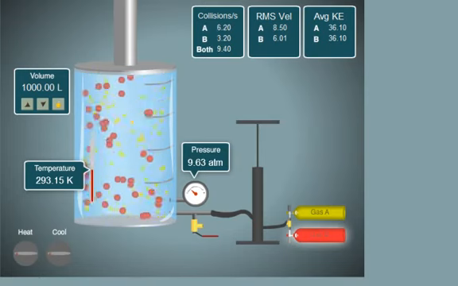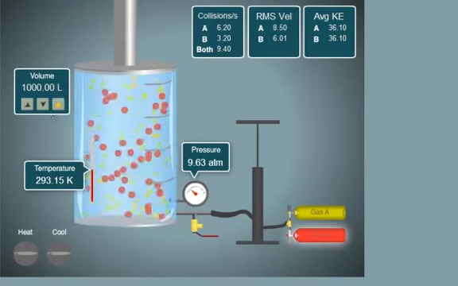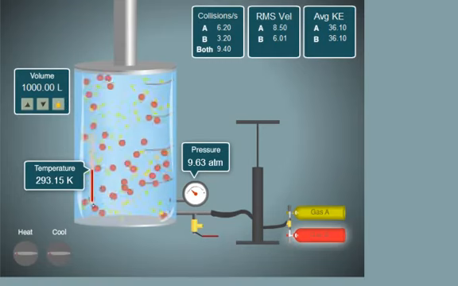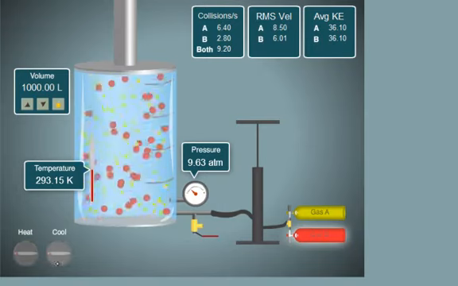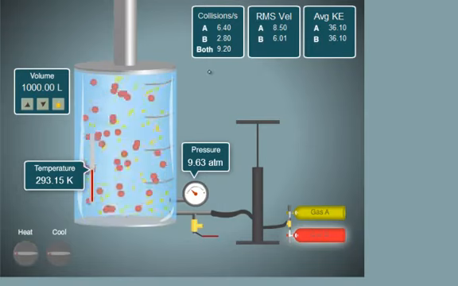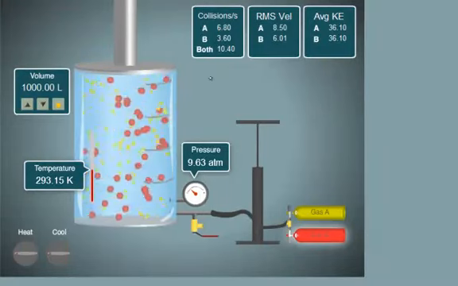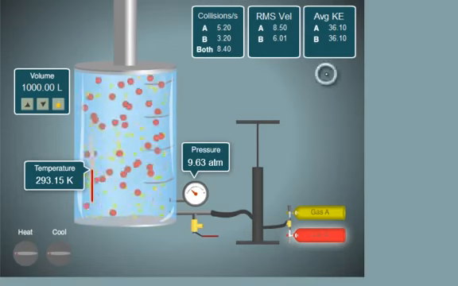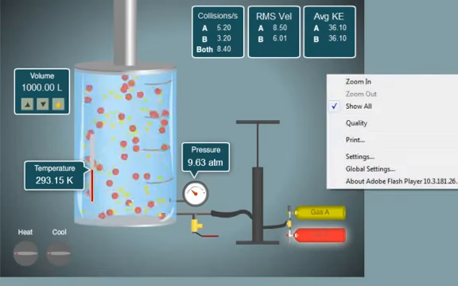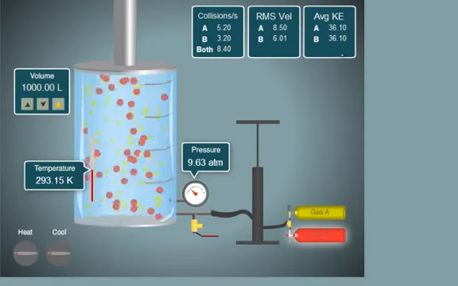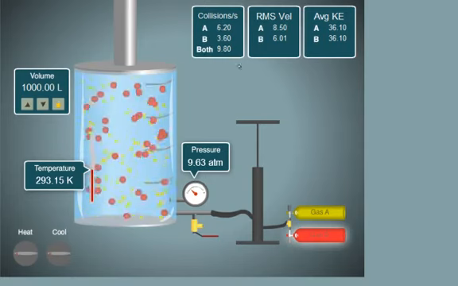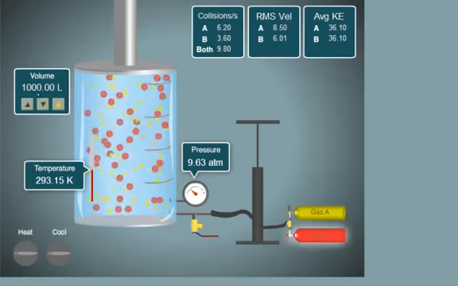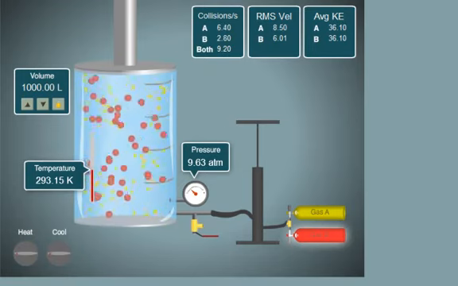And you can see that the pressure is changing. The volume we've locked constant. The temperature is constant. You can add heat or cool it. We'll look at these other boxes later. Collisions per second, root mean square velocity, and average kinetic energy are what they're representing. So these are some of the microscopic behaviors of the particles that we're going to relate to the macroscopic measurements of the particles.